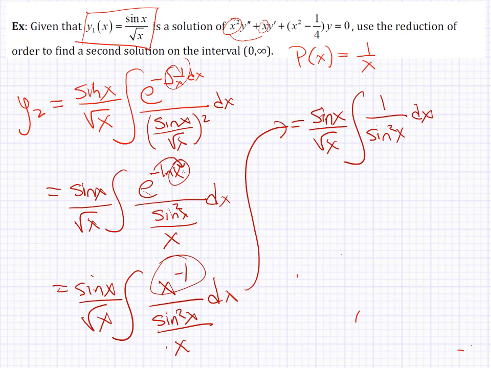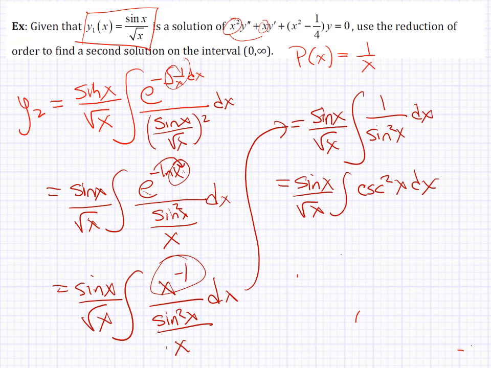So as long as I can integrate 1 over sine squared dx, then I'm done. Well, it's not that hard to do if you know your basic integrals, because I'm going to write this as cosecant squared x dx. And then I just have to do the integral of cosecant squared, which you should all know.